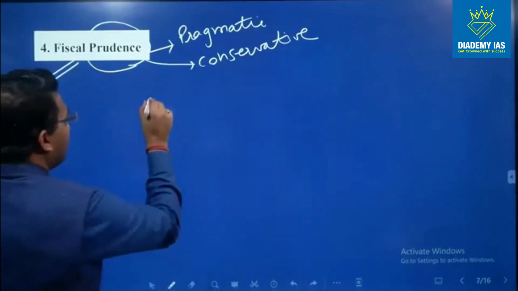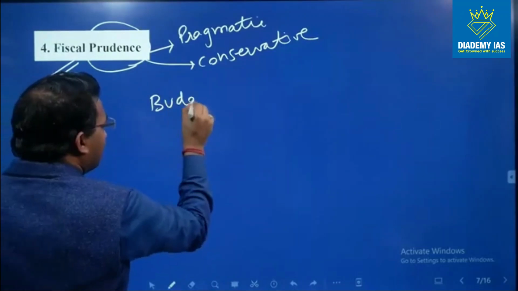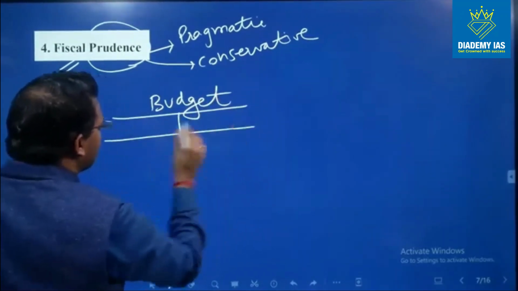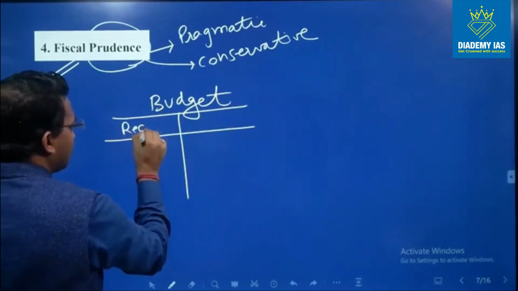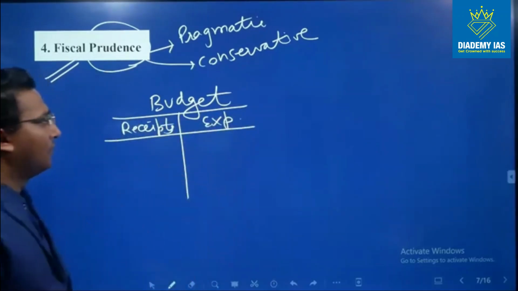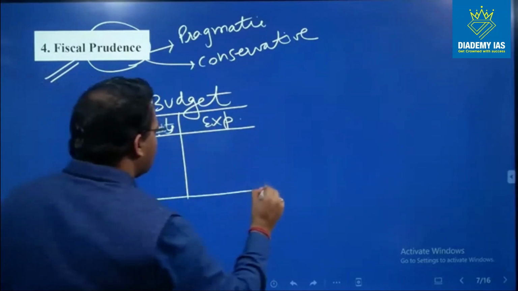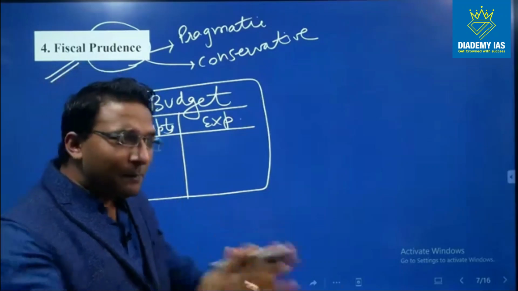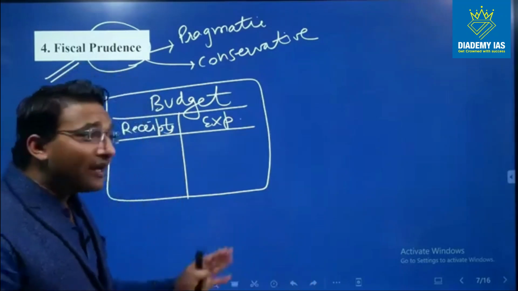When the government is preparing the budget, it is estimating two things: the receipts and the expenditure. Now, these estimates of receipts and expenditure should be pragmatic, they should be conservative.